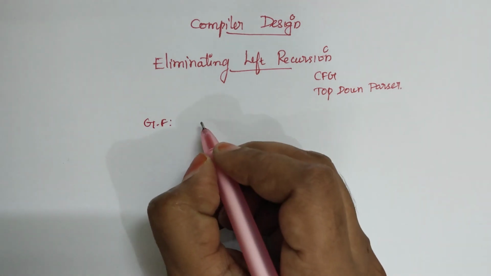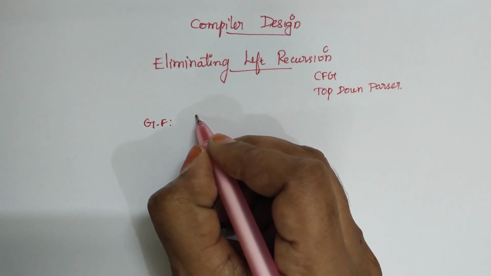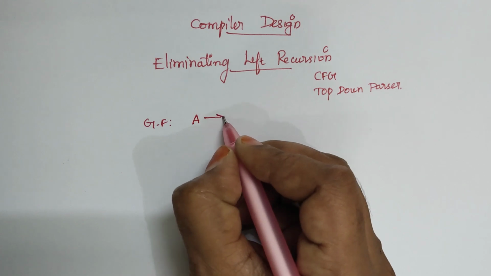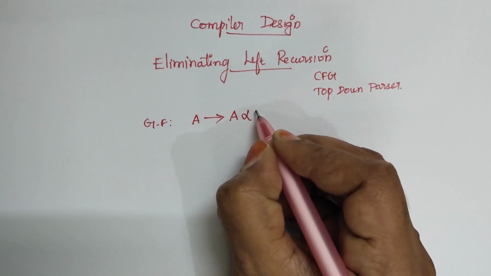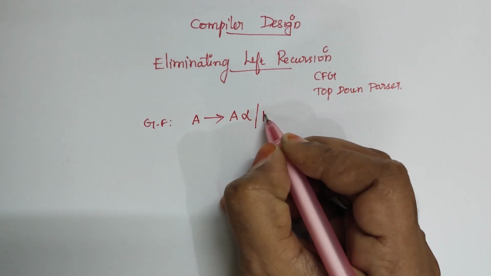General form of left recursion grammar production is capital A, that is non-terminal, produces the same non-terminal capital A. Rest of the production will be alpha and beta.